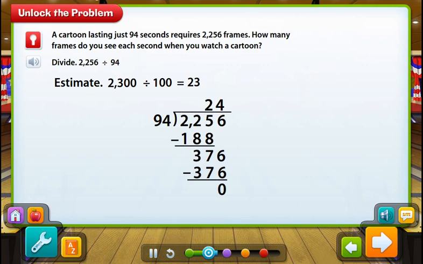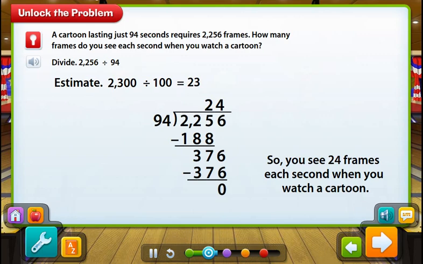The difference between 376 ones and 376 ones is 0 ones, so there is no remainder. The quotient is 24. Now let's check the answer by comparing to the estimate. Since the estimate, 23, is close to 24, the answer is reasonable, so you see 24 frames each second when you watch a cartoon.